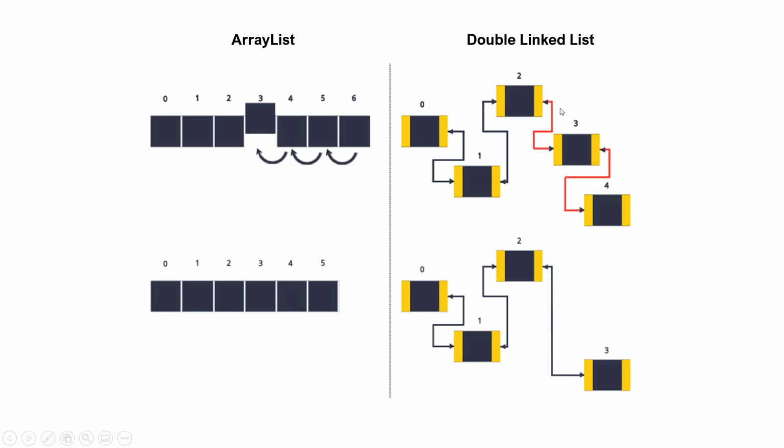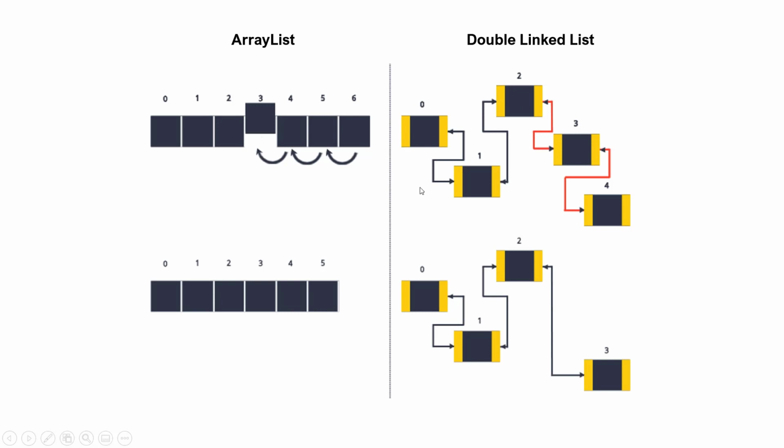But there will be some different opinions about this when you read about the time complexity for adding a new element at a certain index, because we also need to find the correct spot in our linked list to do that.